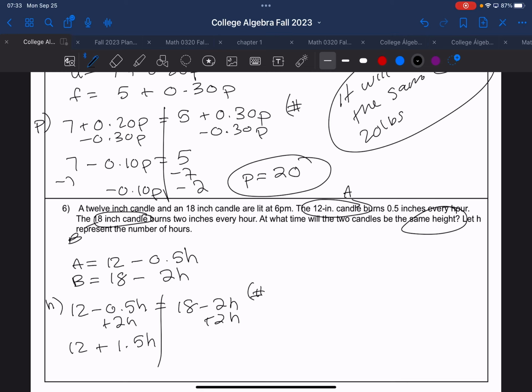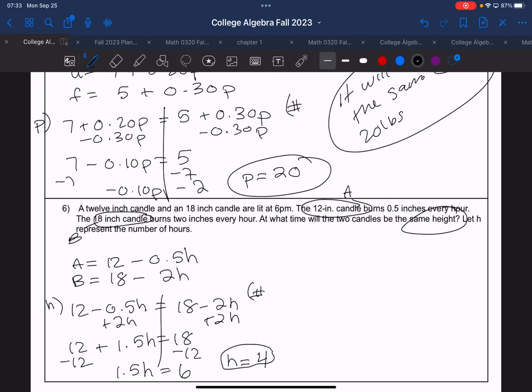Because I'm subtracting that 0.5 from 2, is equal to 18. Subtract 12 from both sides, and I get 1.5h is equal to 6. If I divide 6 by 1.5, I get h is equal to 4.